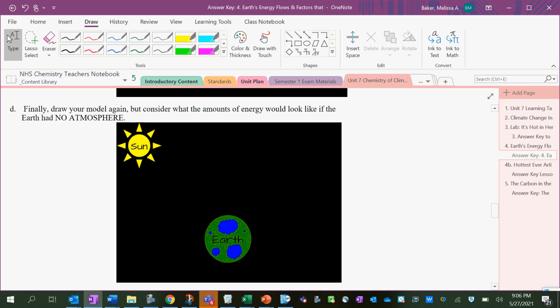And then what would the amounts of energy look like if Earth had no atmosphere? Okay, so it would bounce back into space, and anything that was turned into infrared radiation would also just leave. So just like that simulation, it would be very cold.